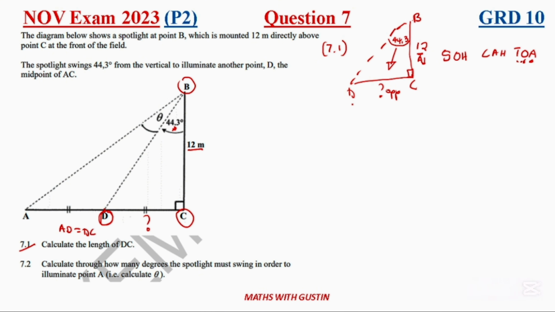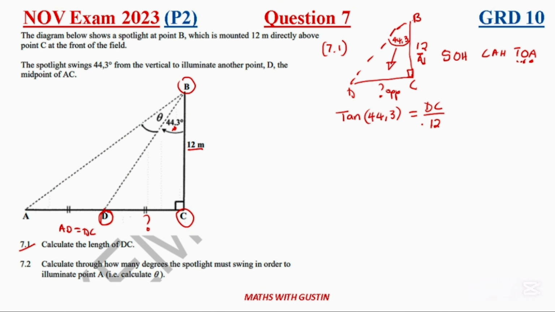So therefore we're gonna come here and say tan of which angle? This angle that is here, 44.3 is equal to opposite. What is opposite? Opposite is DC, that's what we're looking for, over adjacent, which is equal to 12.